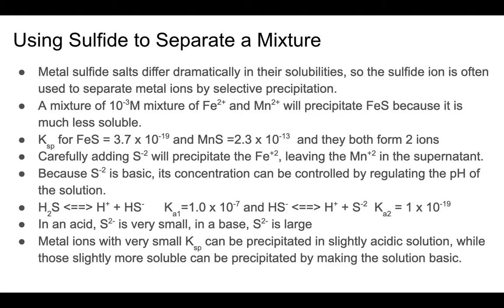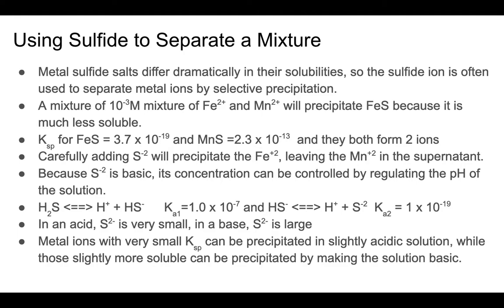So for H2S, if H2S is added as your reactant to precipitate, you can actually control how much S2 minus you have by using acid or base pH. So metal ions that have very small KSP are precipitated by using a slightly acidic solution, where S minus 2 is very small.